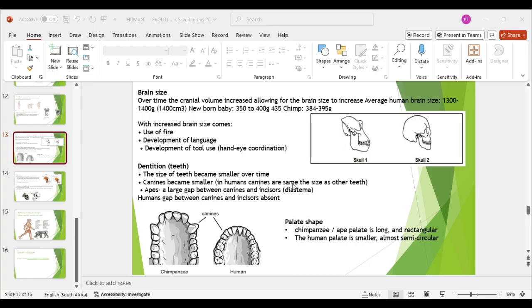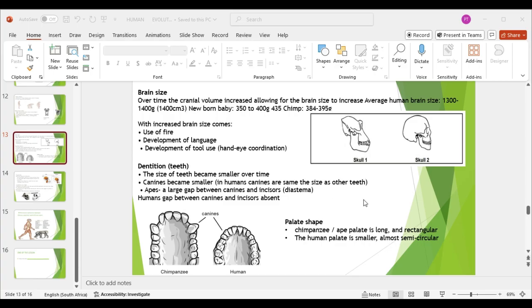When you look at this, we have a large brain, and chimpanzees have a smaller brain. This skull represents the apes, and this one represents the human.